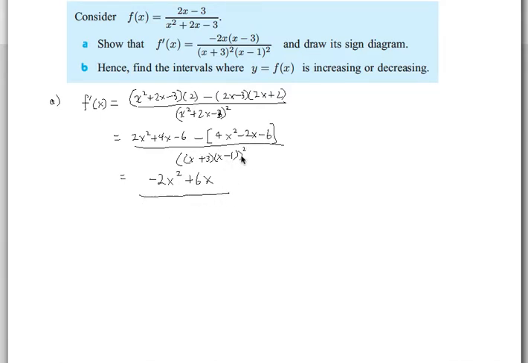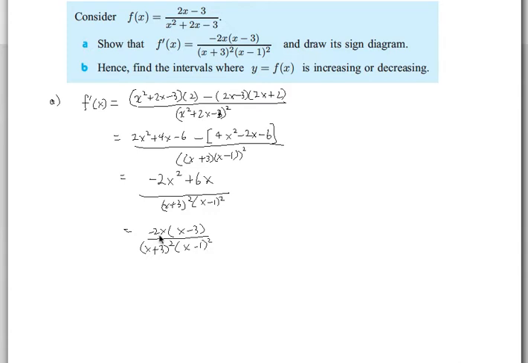And then this part, we can actually distribute this now. We get (x plus 3) squared and (x minus 1) squared. Okay, and then we can factor the top x out, and we're done. We can factor out a minus 2x. Okay, all right. So this is the function, and now I just need to draw the sign diagram, right? Okay.